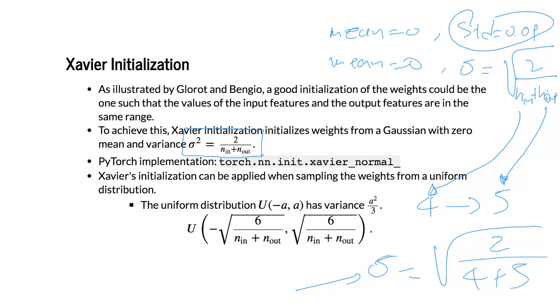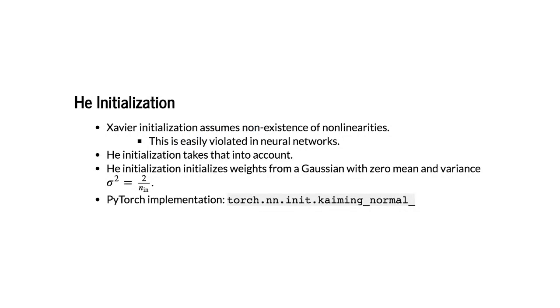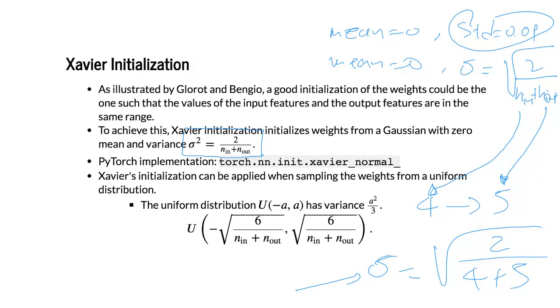Now, this was a great step in terms of initializing neural networks, but there was a problem. This formula that you see over here, it's not that the authors just proposed it in some sort of magical way.